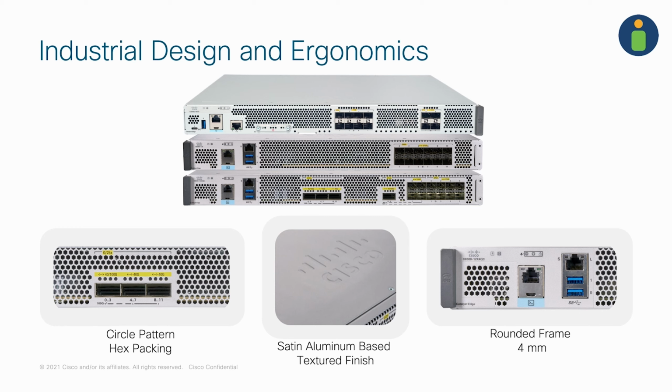We also get a consistent primary color of satin aluminum textured finish and rounded frame corners on all the chassis, top, bottom and on the corners, with 4 mm radius roundedness. This helps the platforms to be carried easily in bare hands without any cuts or wounds. All these are good to know facts, but they do bring consistency in the platform chassis design.